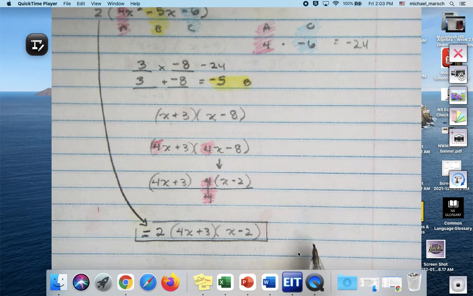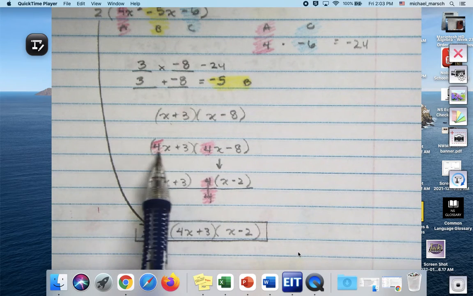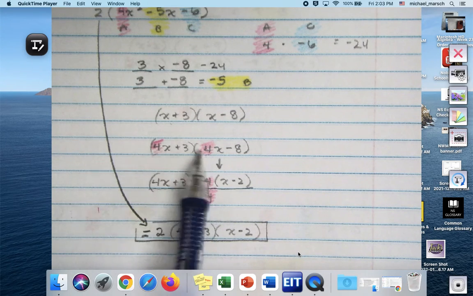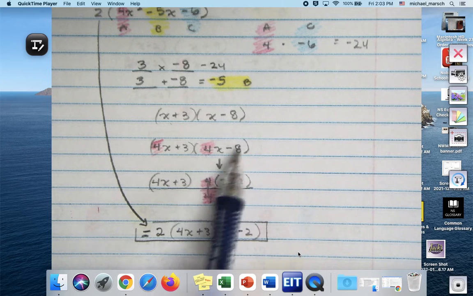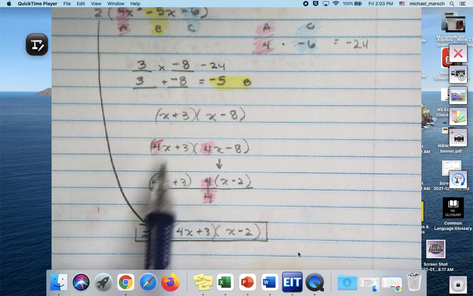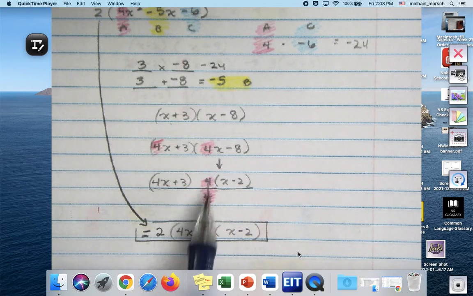Like, why didn't we multiply 4 by 3 and do plus 12 instead? Because it has to coordinate with the coefficient, not with this term c. So all of these have to do with the a, where the a will be and what the a will look like. Great question.